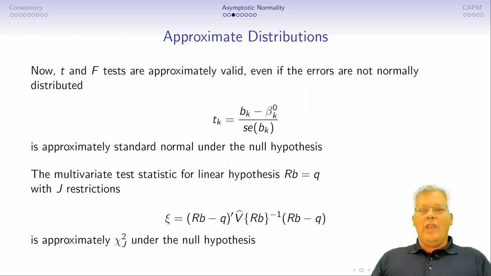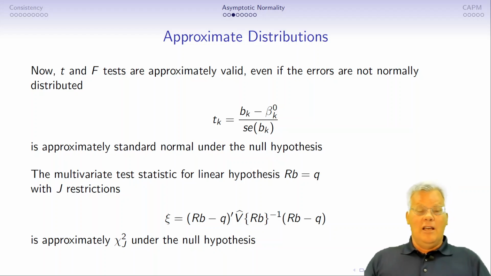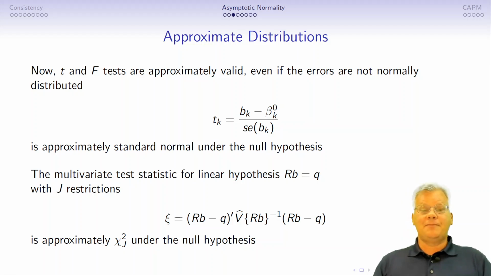We can say that this t statistic is approximately standard normal under the null hypothesis. The multivariate test statistic for linear hypothesis, Rb minus q with J restrictions, a result we had from a couple lectures back, is now approximately chi-squared with J degrees of freedom under the null hypothesis.